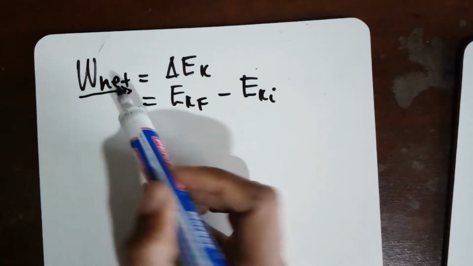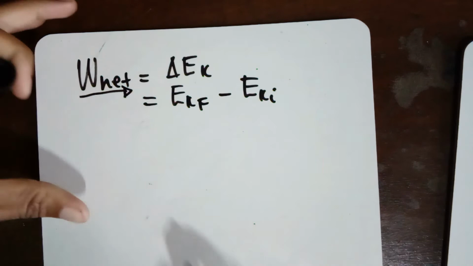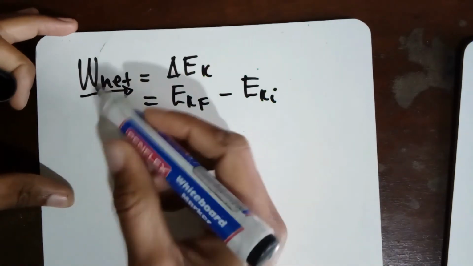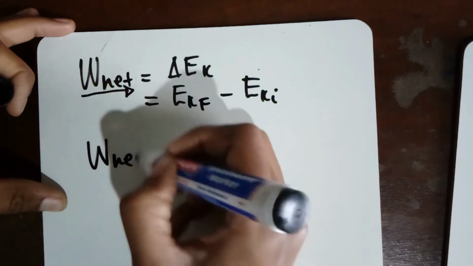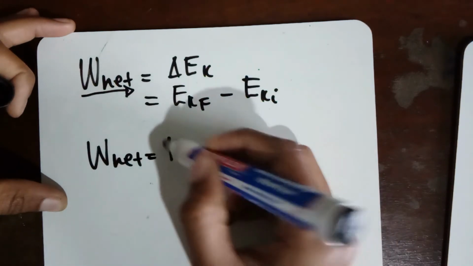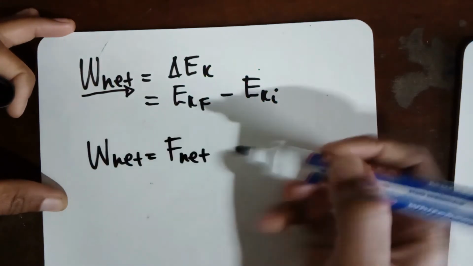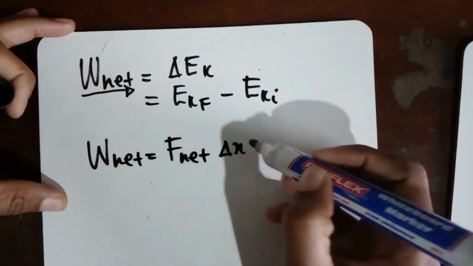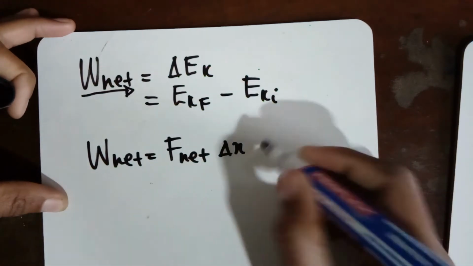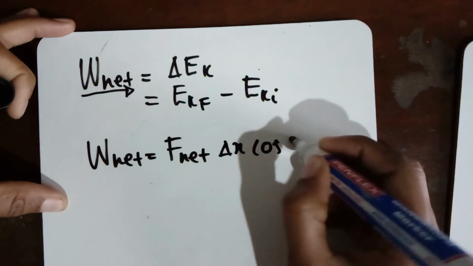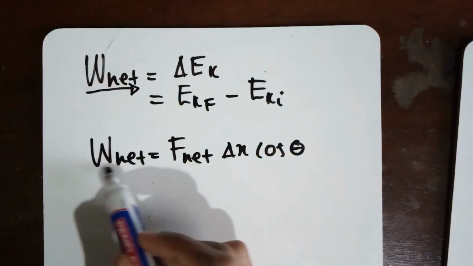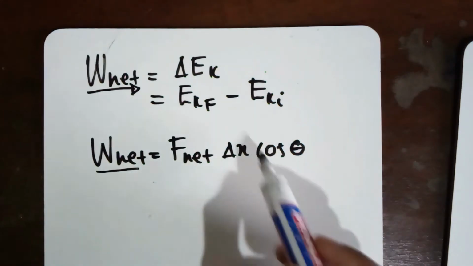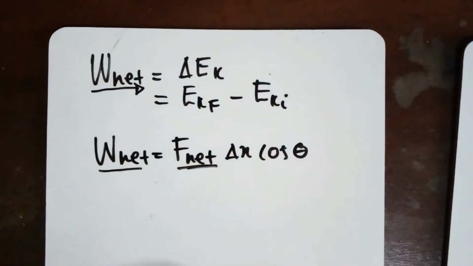So how do we find it? Our first task is to find W net, and we know that the net work done can be found by the net force multiplied by the displacement, which I'm calling change in x, as well as the cosine of theta. Meaning, to find W net, I first have to find F net. So let us do that.